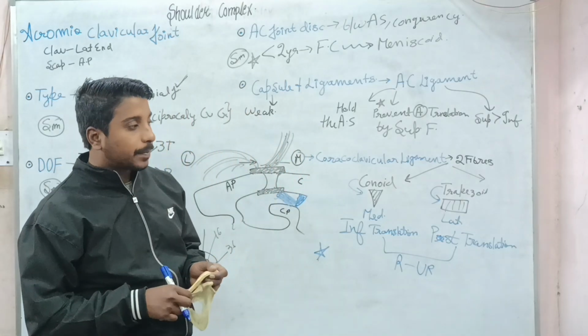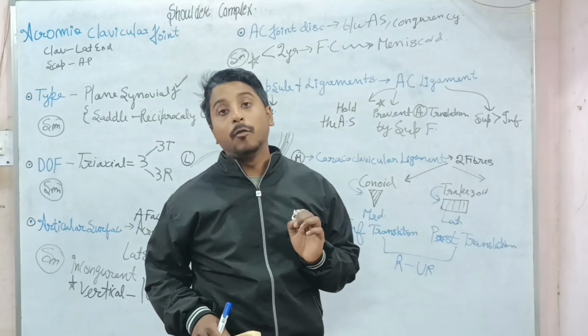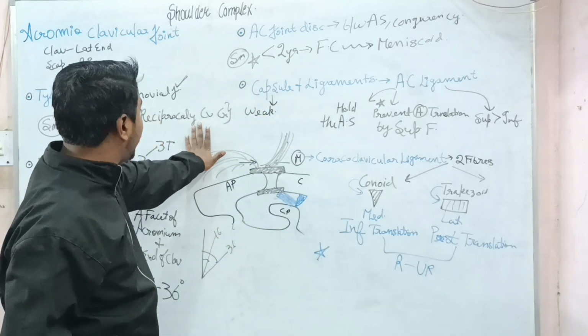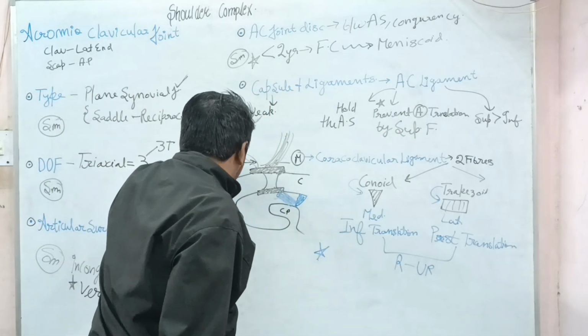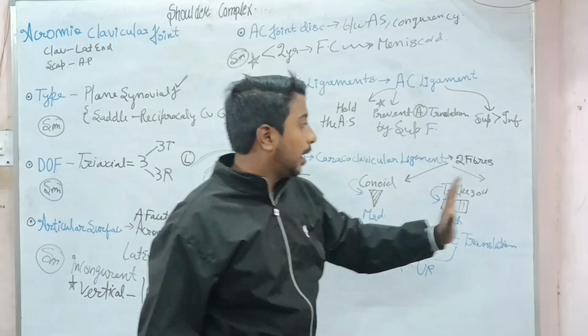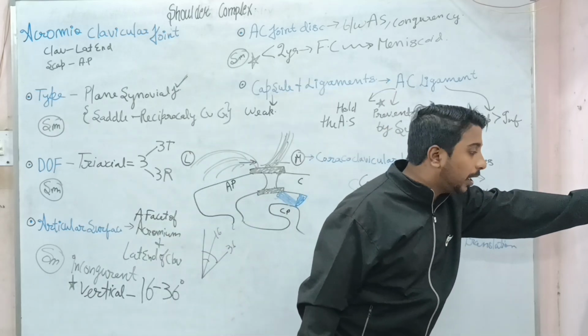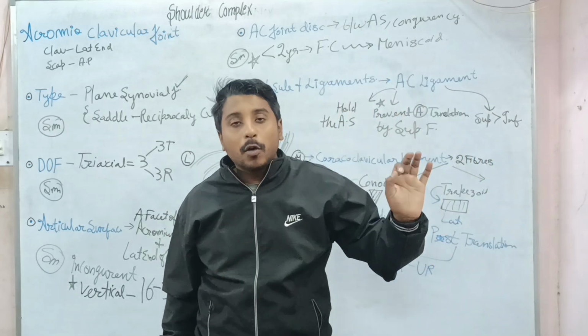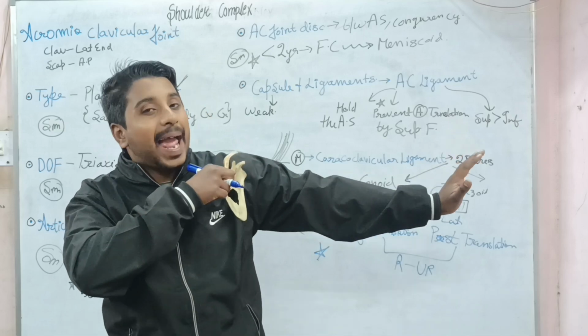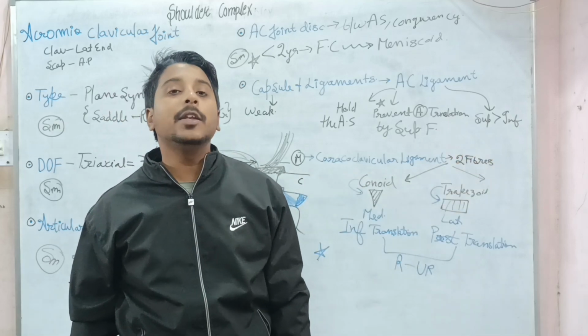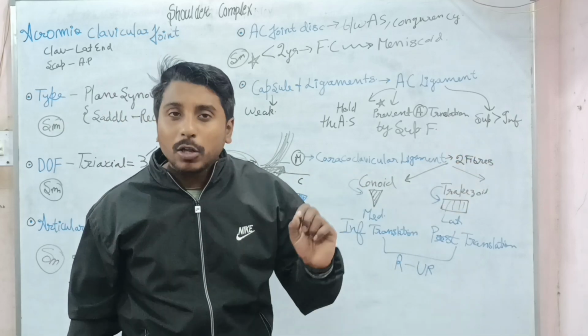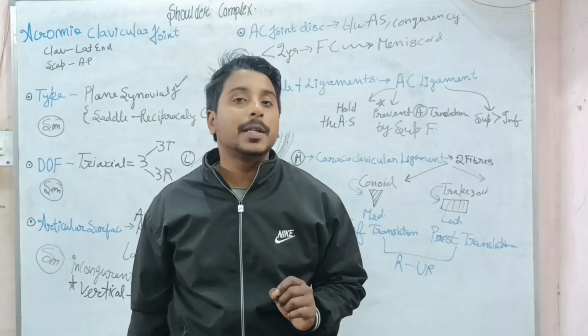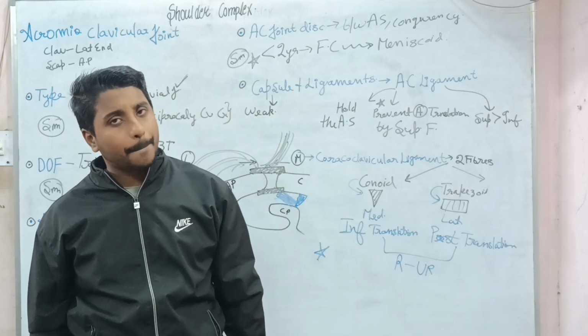Another important function that I want to explain is that whenever we are pushing something, like if I am pushing this board, or this wall, the force is transmitted from my hand to my glenohumeral joint. Also, some force will be transmitted to the acromioclavicular joint.